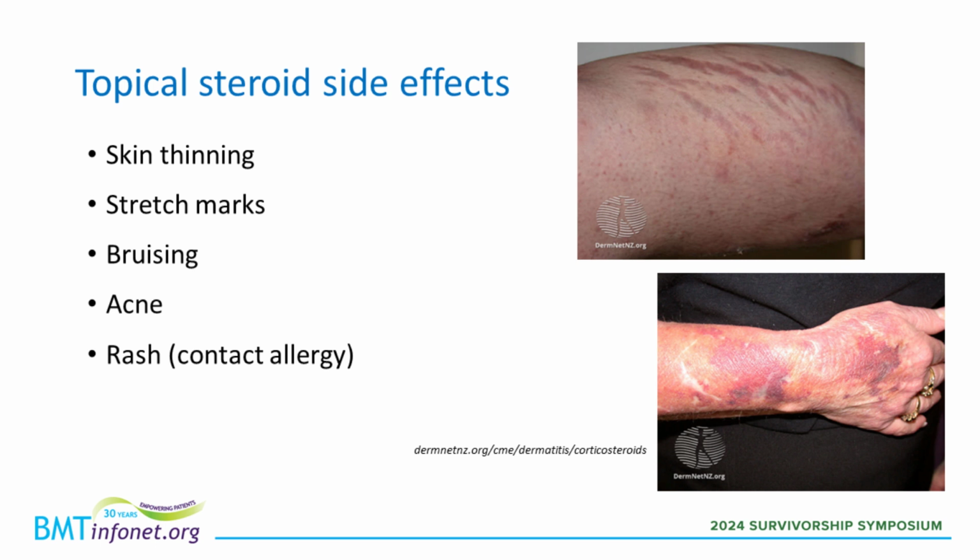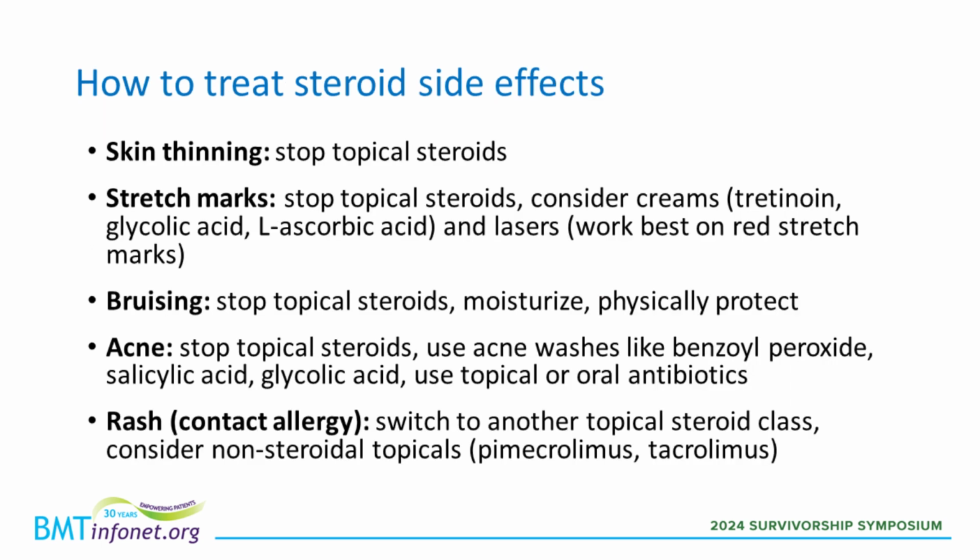So some of the things that we can see are skin thinning, stretch marks, bruising, acne, and a type of rash that we call a contact allergy, which is basically like an allergic reaction directly on the skin from putting a cream in that area. So it's not usually a systemic reaction, but it's a reaction localized to one area of skin.